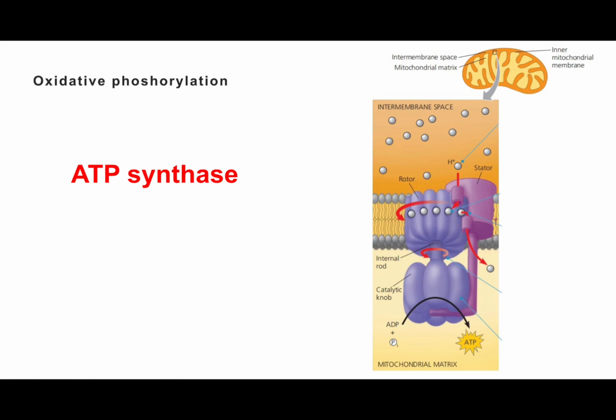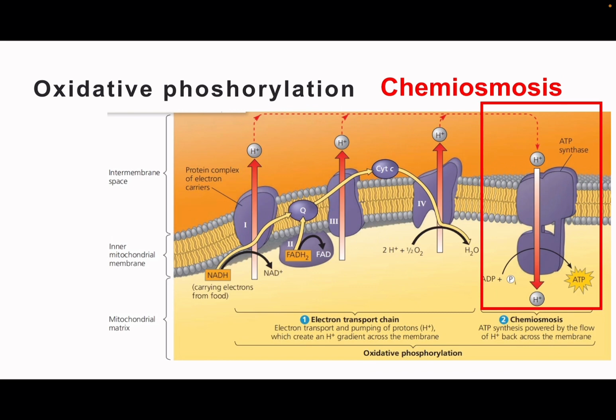During chemiosmosis, the protons flow back down their gradient via ATP synthase, which is built into the membrane nearby. The ATP synthase harnesses the proton motive force to phosphorylate ADP, forming ATP.